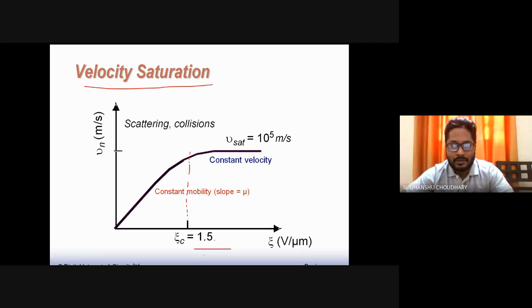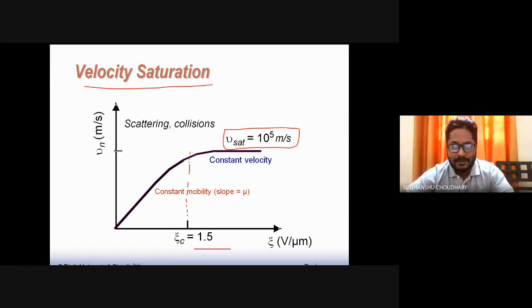At around 1.5 volts per micrometer, the carriers in the channel region collide with the atoms in the silicon lattice, and because of this collision, scattering may result, and the velocity of the carriers may saturate or reduce. Saturation velocity is somewhere around 10 to the power 5 meter per second.